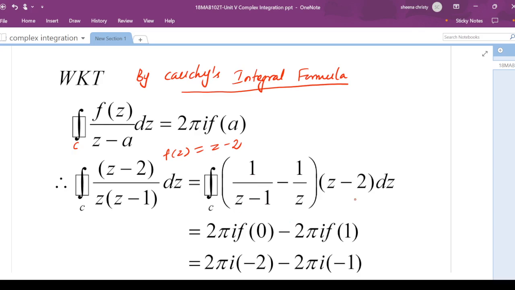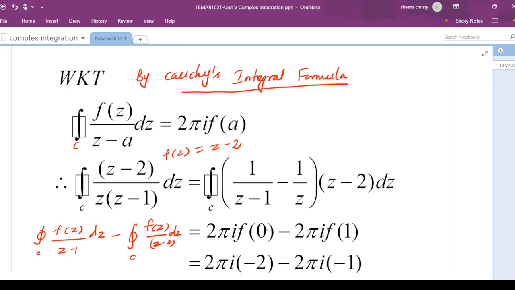So here we can break this integration like integral over the contour C of f of z by z minus 1 into dz, minus integral over the contour C of f of z by z into dz. The z can also be written as z minus 0.